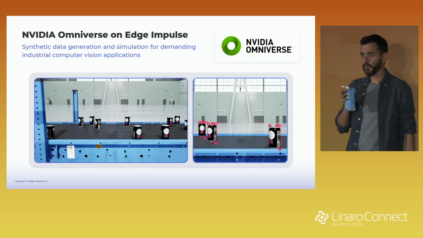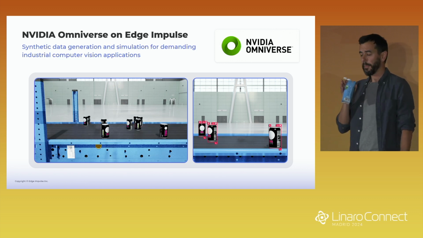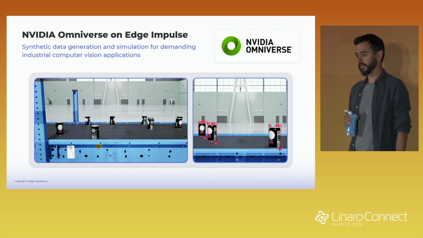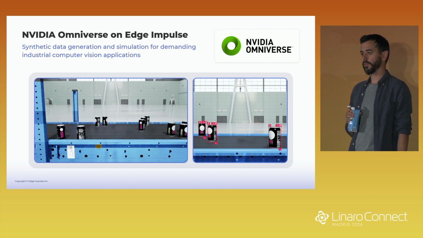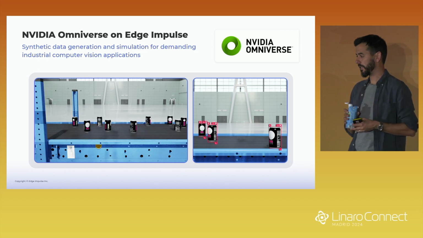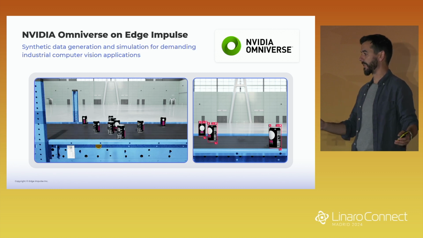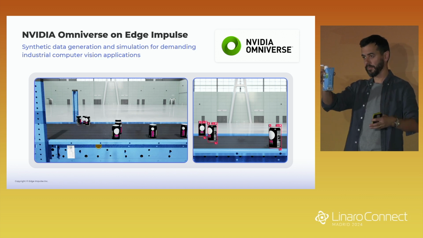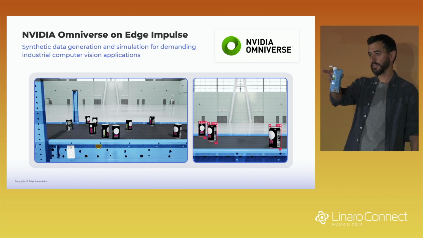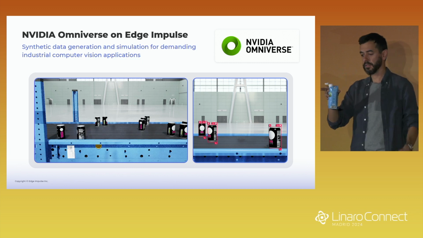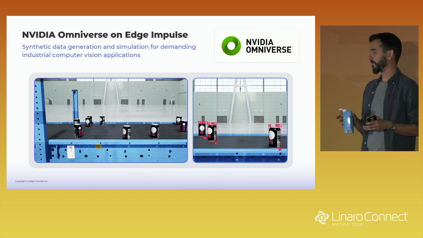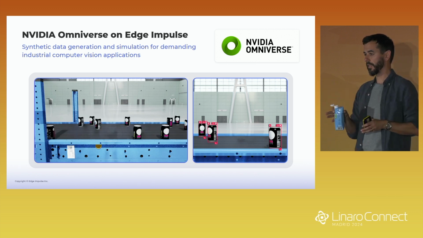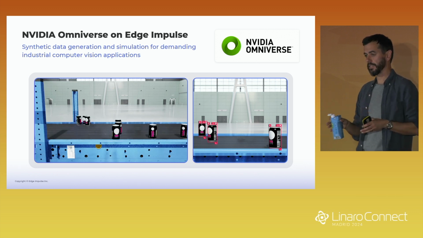And last, to finish that point, is NVIDIA Omniverse. We've been collaborating with them, and that's something that's coming with full force. For this synthetic data, Omniverse is a full 3D environment that allows you to replicate the settings. For example, what you see on the left is fake. It doesn't exist. It's just a replication, in very realistic 3D, of a conveyor belt that exists, that's on the right.